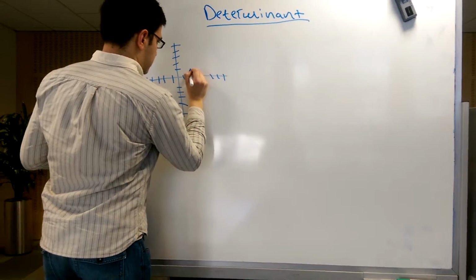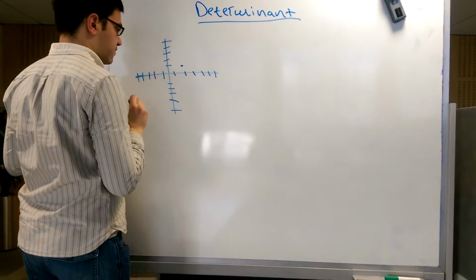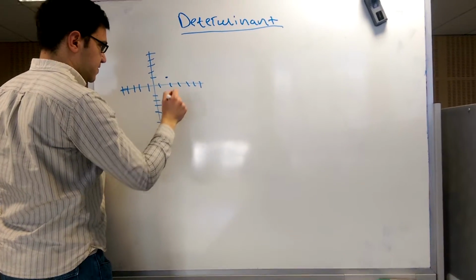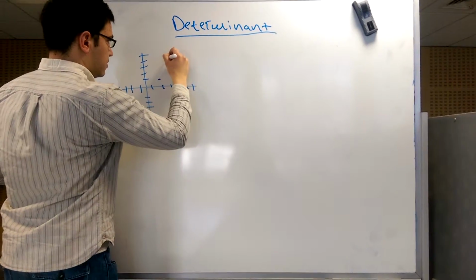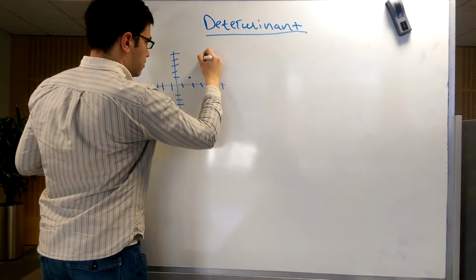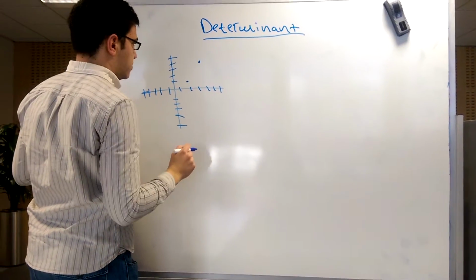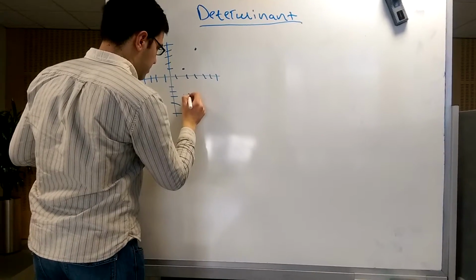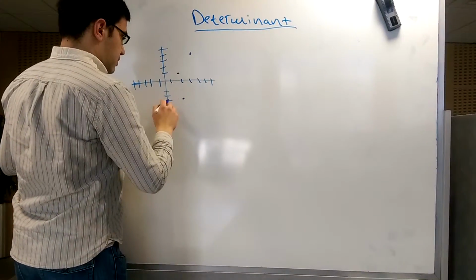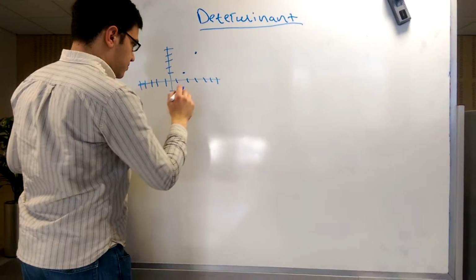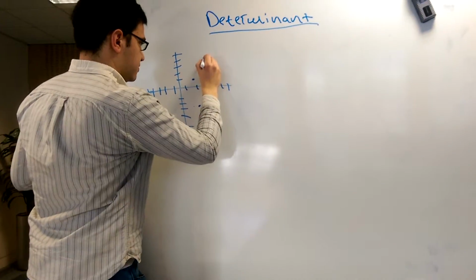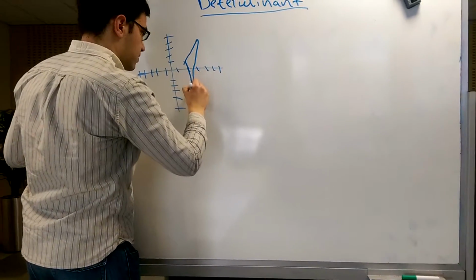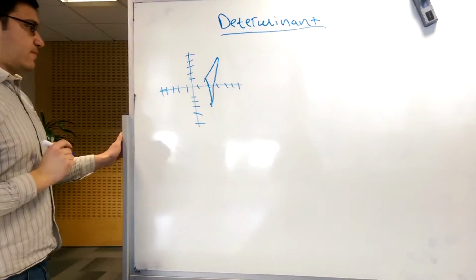So the first set of coordinates will be 2, 1. The next set of coordinates will be 4, 4, and the next set of coordinates will be 2, -3. So this forms this triangle here.